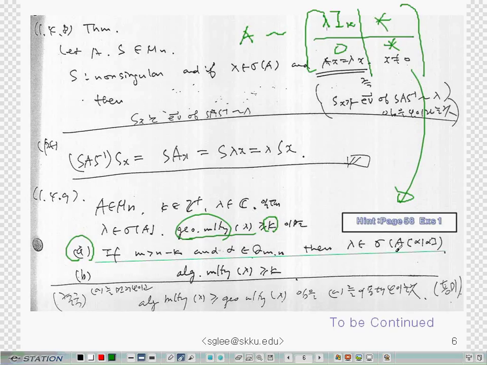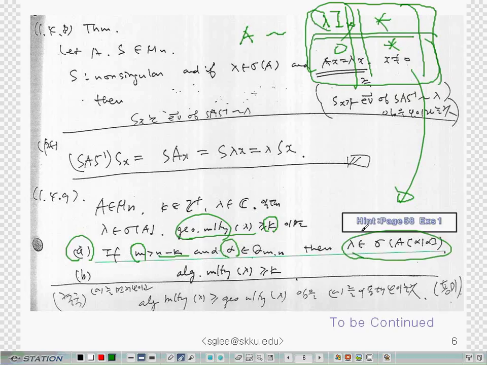Then, alpha is chosen in that way. So if m is greater than or equal to n minus k, what that means is if you delete some part of this, you still have some lambdas left.